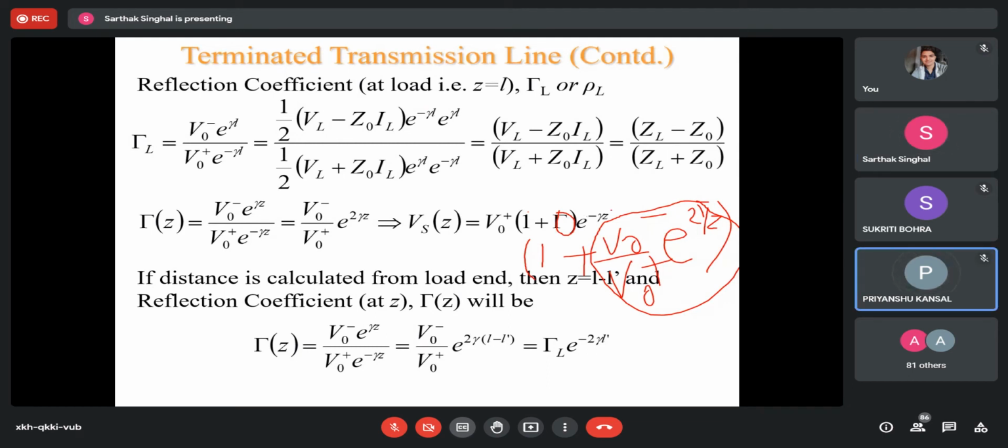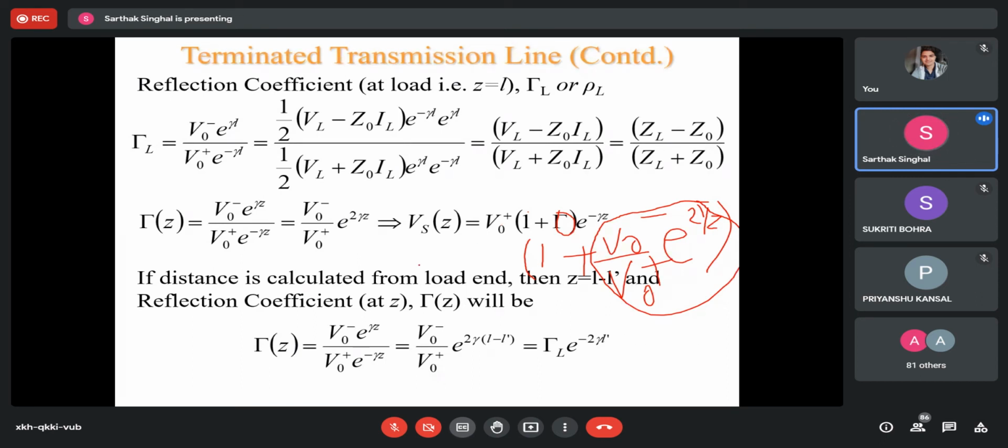So this will be the equation of the voltage signal at any point when you are talking about the voltage transmitted from the generator.